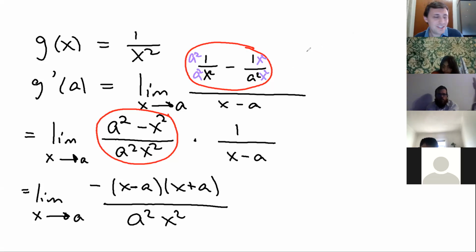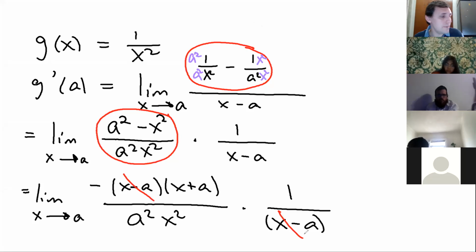Good. And then multiply by 1 over x minus a. And of course, then I can cross away x minus a.